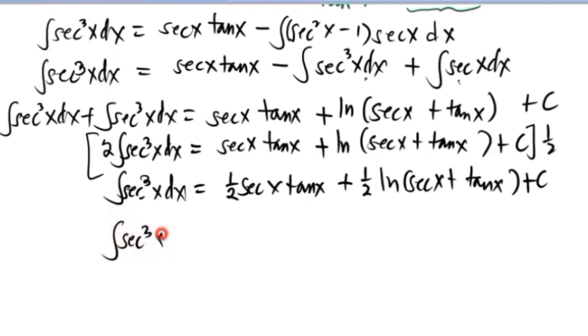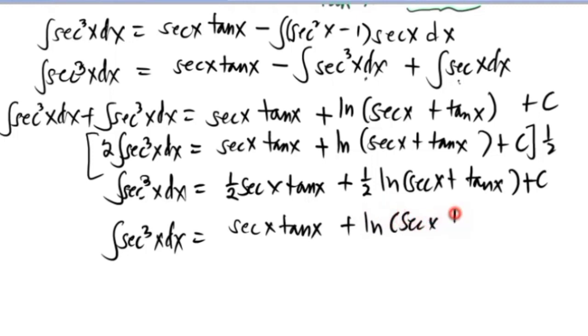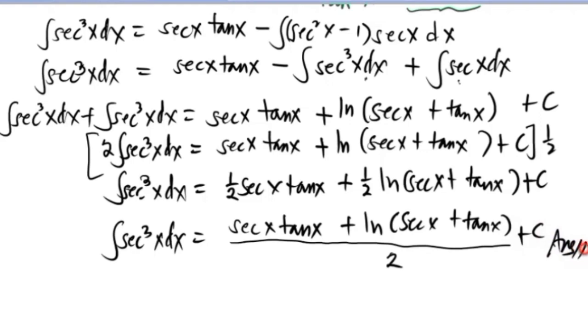Actually, sagot na to, pero kung gusto pa natin siyang i-rewrite, we can say that this is equal to secant x tangent x plus ln of secant x plus tangent x all over 2 plus c, and this is our answer.